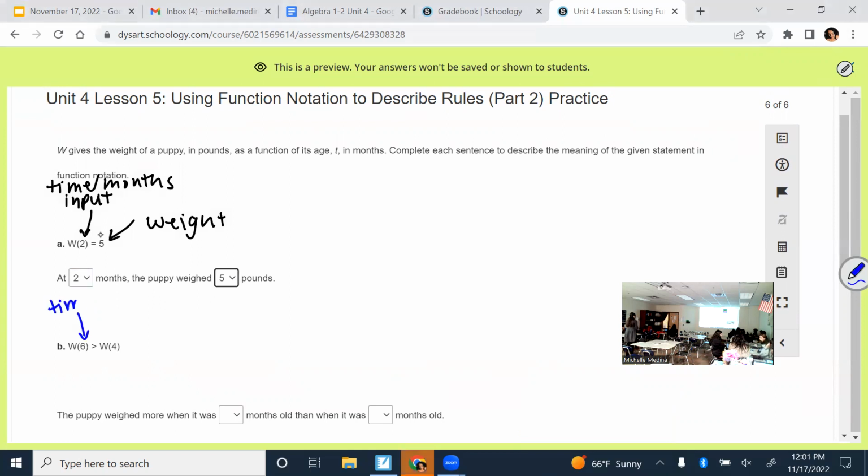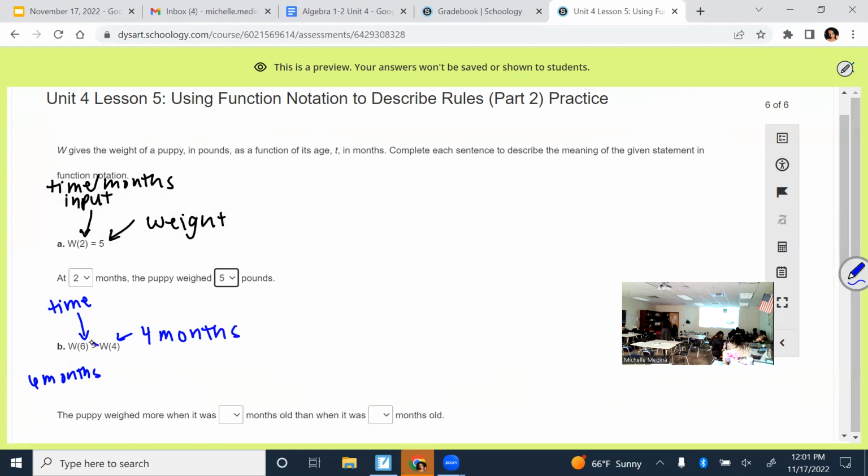Time. So that means the 6 is talking about 6 what? Months, because that's what the time frame is. So then the 4 is for what? Months, because that's also in the parentheses, right?